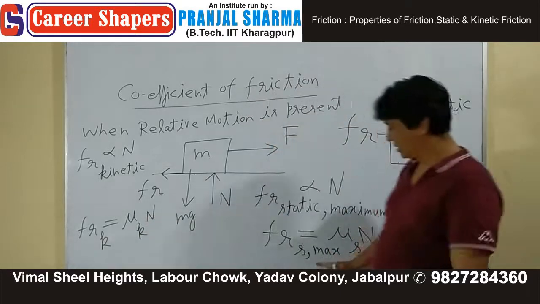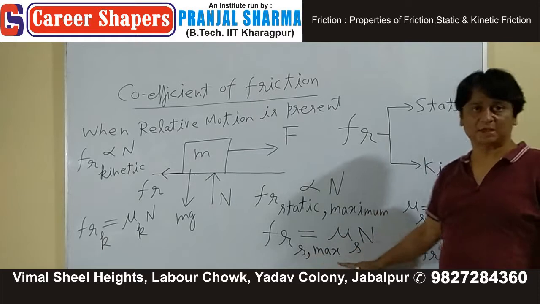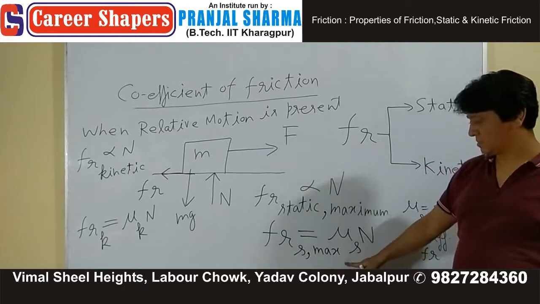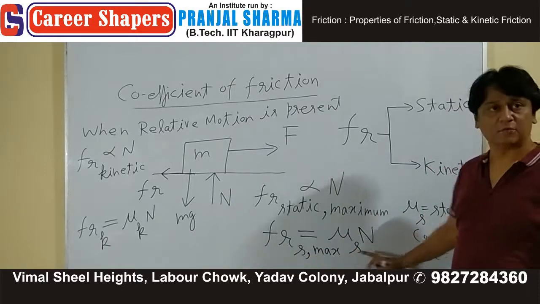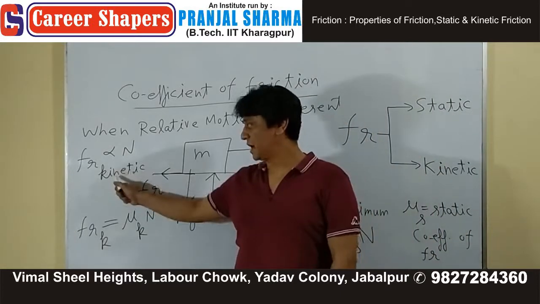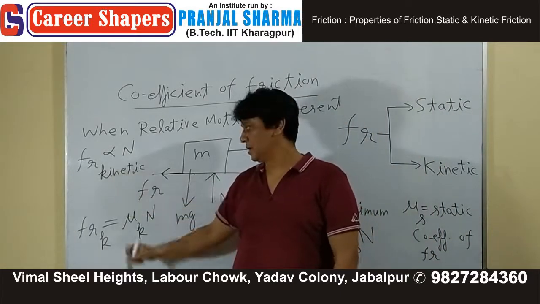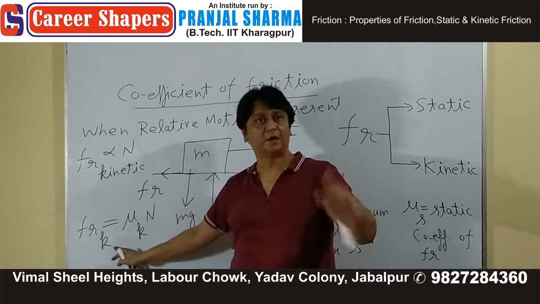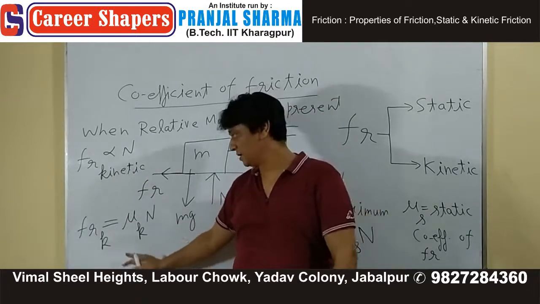So your Fr static maximum is what? Mu s n. What is mu s? Coefficient of static friction. Fr kinetic. There is no maximum with kinetic. Why? Clear हो जाएगा.